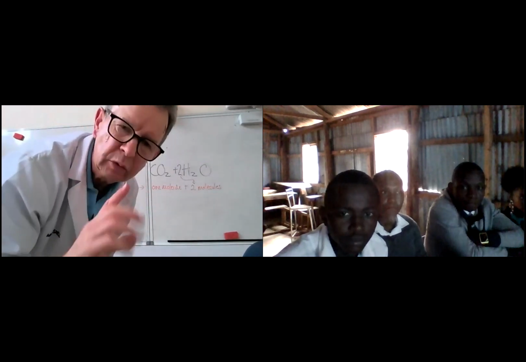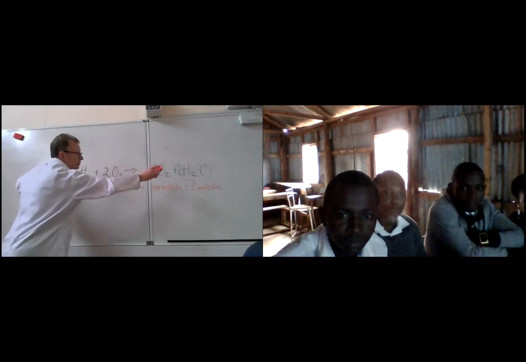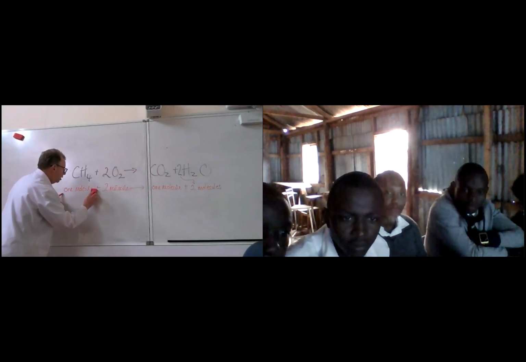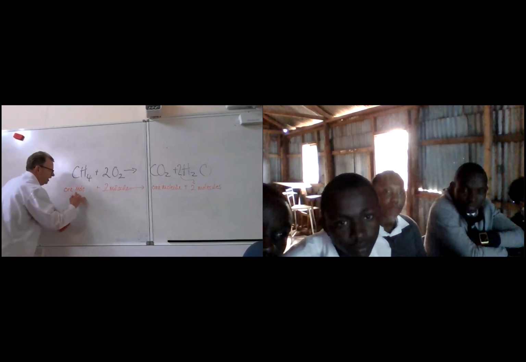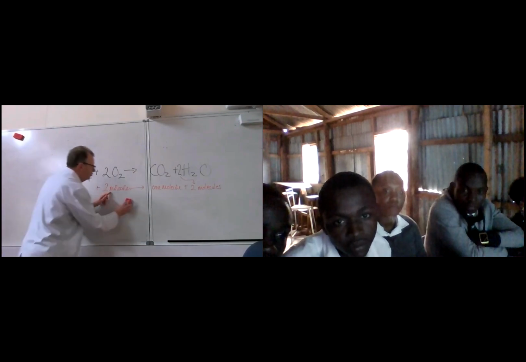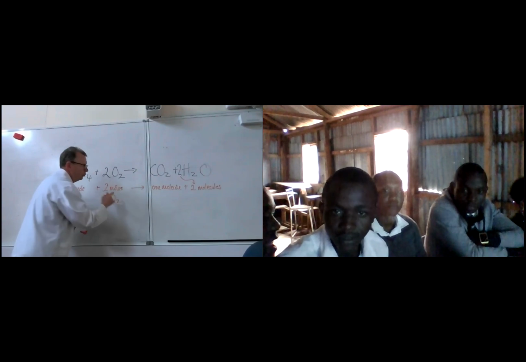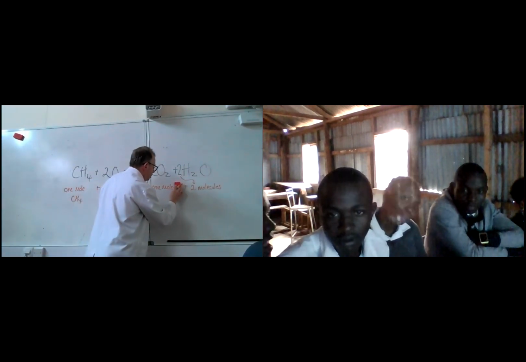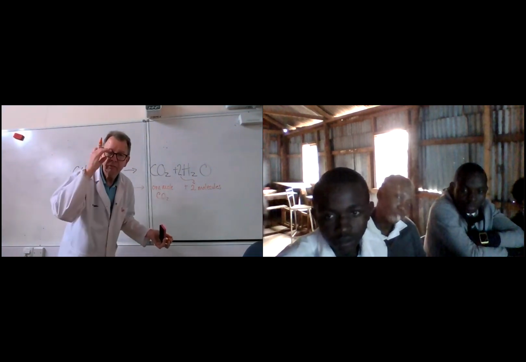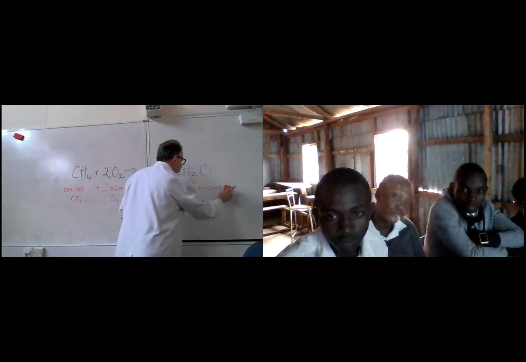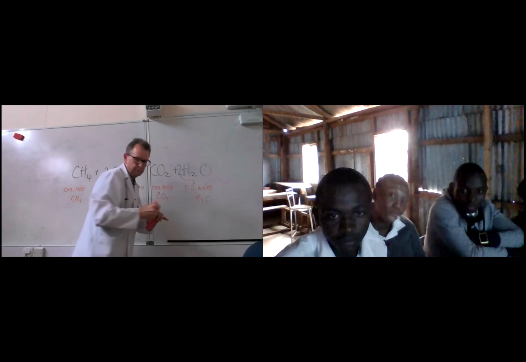And their team is called a mole. So I go, hey, look, this equation tells me 1 mole CH4 plus 2 moles O2 makes 1 mole CO2, like one team of CO2s, and 2 moles H2O.